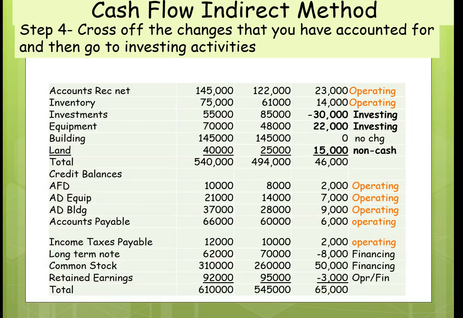Now we're going to look at investing activities. We have two items. We have the investments and equipment. And what I like to do is cross things out as I use them. And that tells me what I still have to account for.